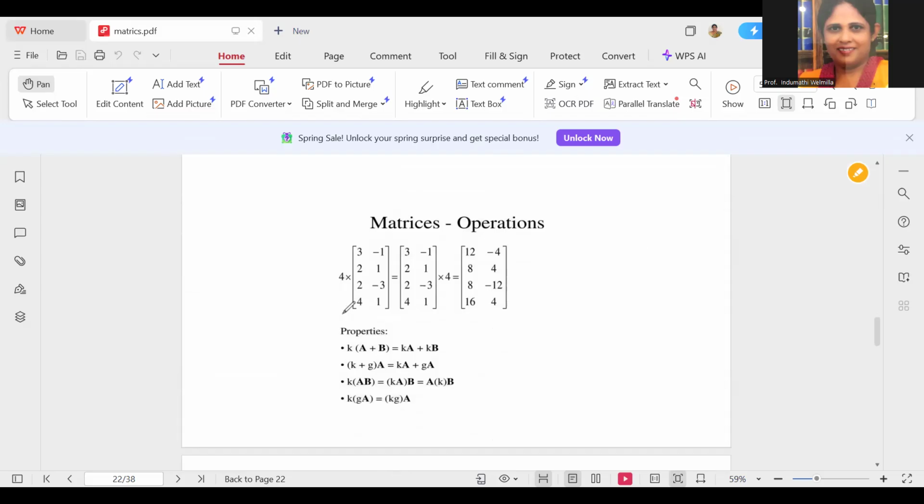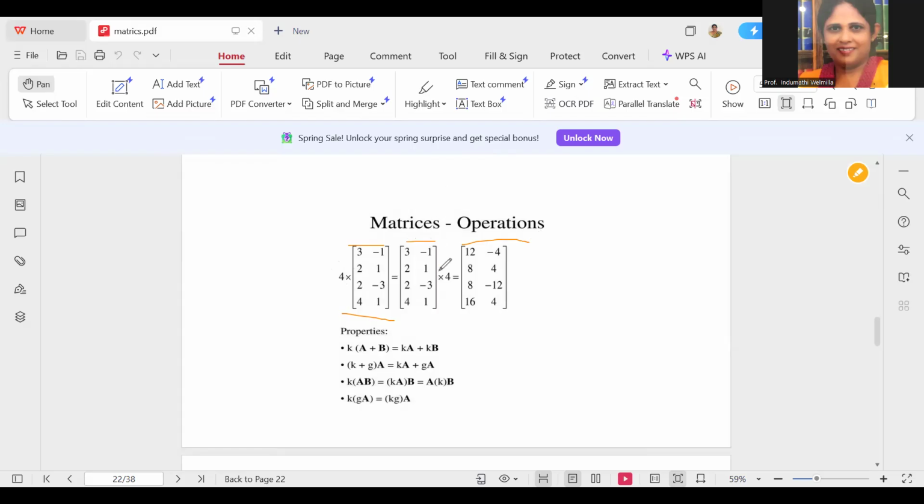If our matrix is this one, we can multiply it by the scalar, which here I have taken as 4. We can also multiply the same matrix by 4. These two are similar, and this is the answer. We need to multiply all the elements inside the matrix by this 4.